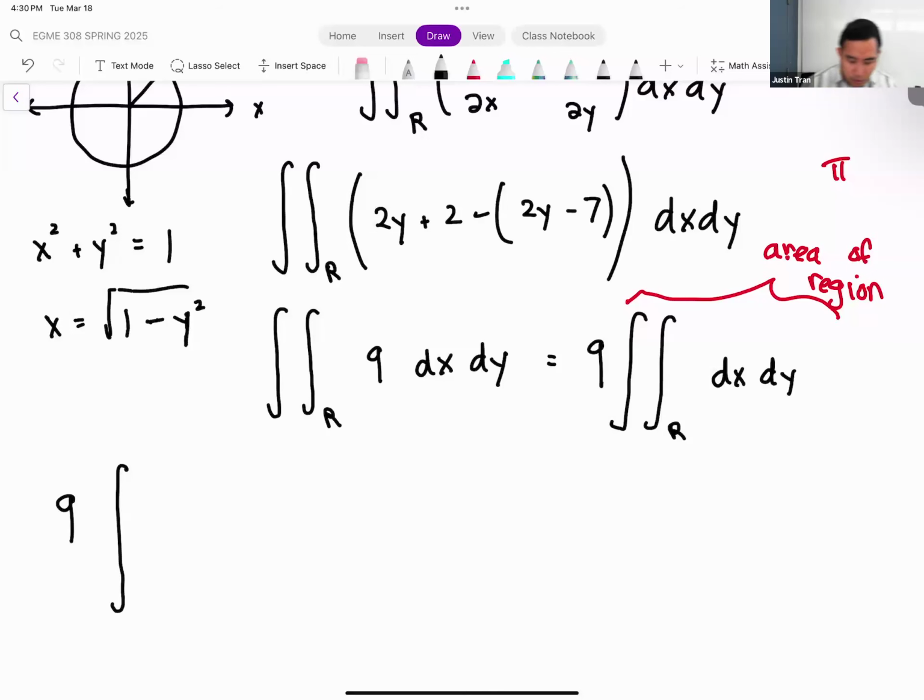And so our y is going to go between 0 and 1, and our x integral is going to be from 0 to square root of 1 minus y squared, dx dy.